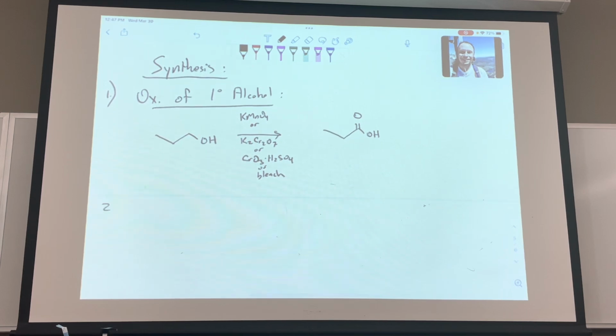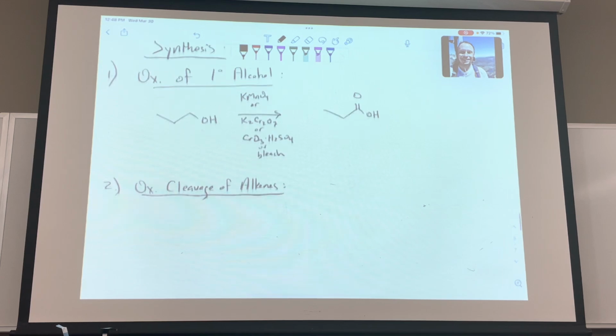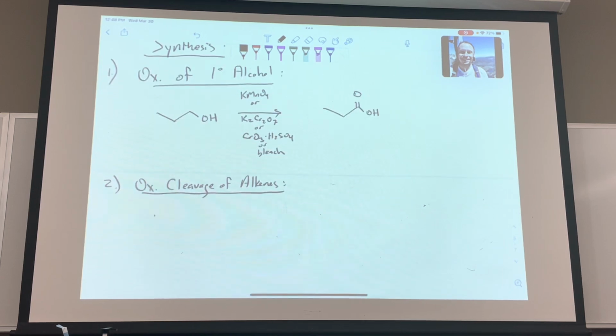Alright, another reaction that you're familiar with is the oxidative cleavage of alkenes. Alright, so if I have an alkene like this, we'll treat it with permanganate and heat.